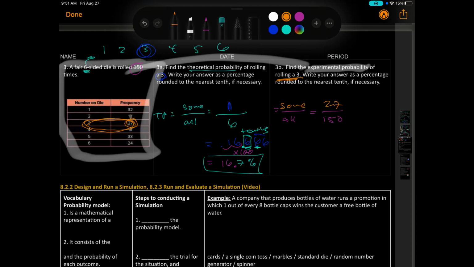And so if I put that into my calculator, let's do that. 27 divided by 150 gives me 0.18 is my decimal. Okay, common mistake, 0.18 is not a percent. If you did put the symbol percent, that would be less than 1%. So multiply that by 100 to get your percent. Our percent is 18% experimental. That was pretty close, right? 18% matched close to the 16.7%.